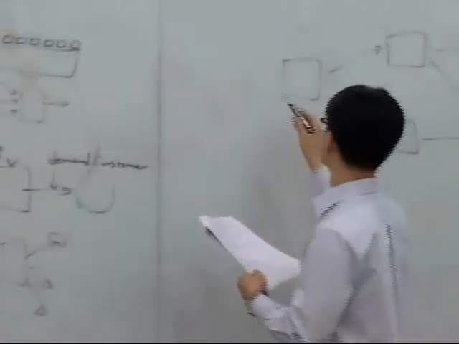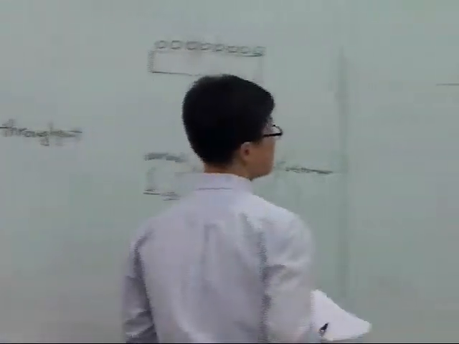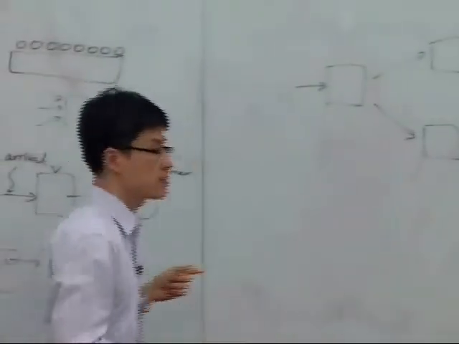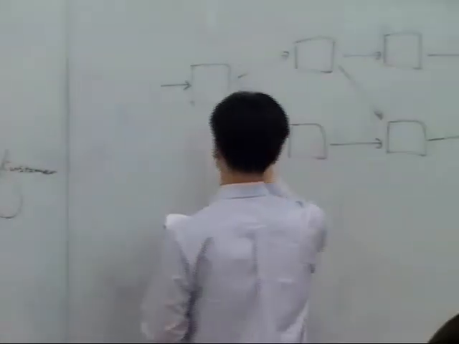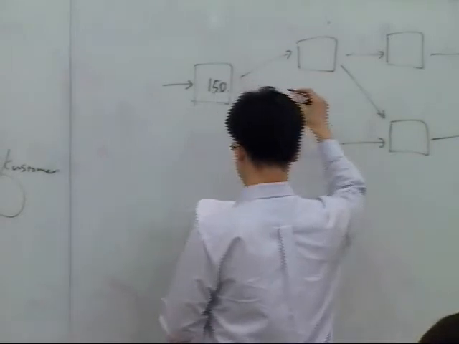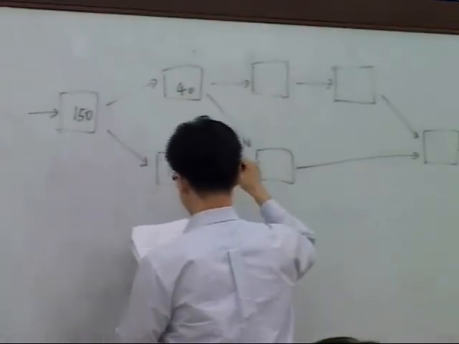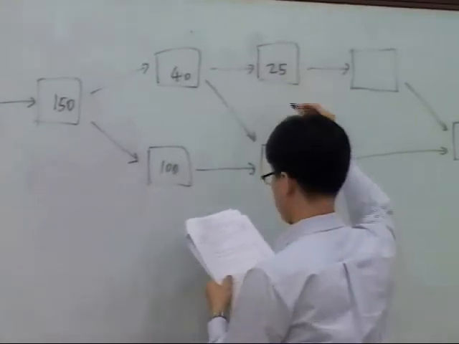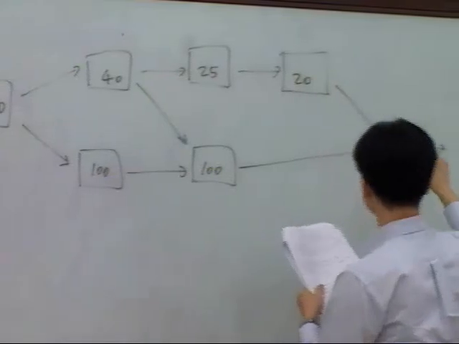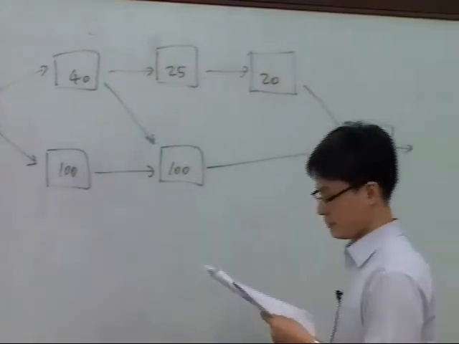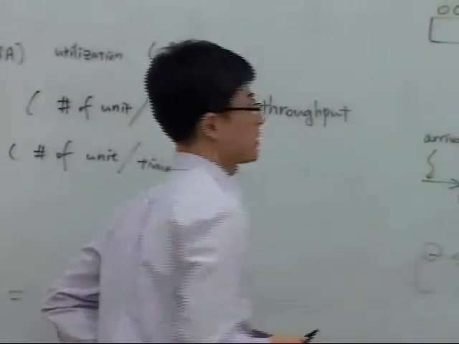And each workstation has some capacity like this: 150, 40, 100, 25, 100, 20, 200. Okay?